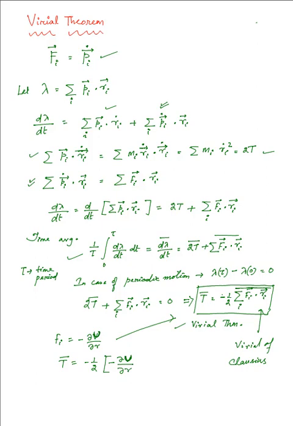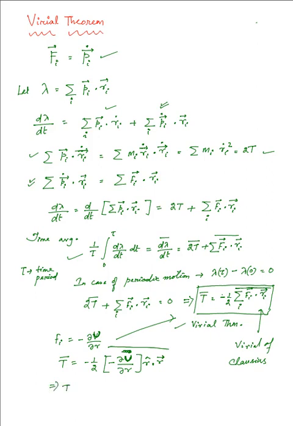So del U over del r, and that's for the conservative force, and r cap gives the unit vector in that direction, that when dot product with the r vector is going to give us the same thing. This is a vector form, and the vector notation need not be given because we have r cap to represent the vector and the whole average of it.